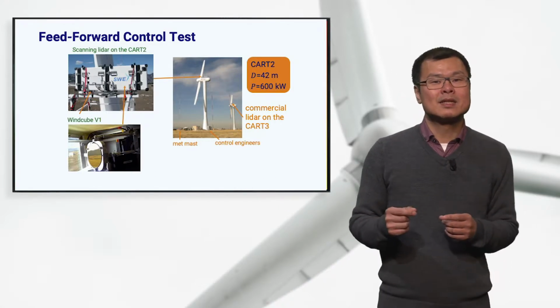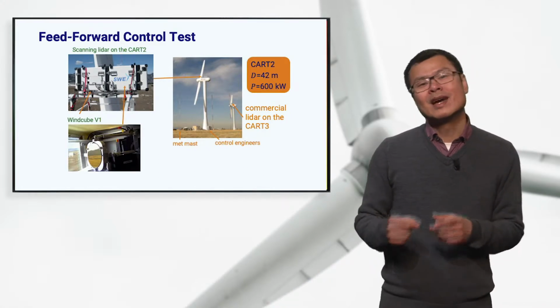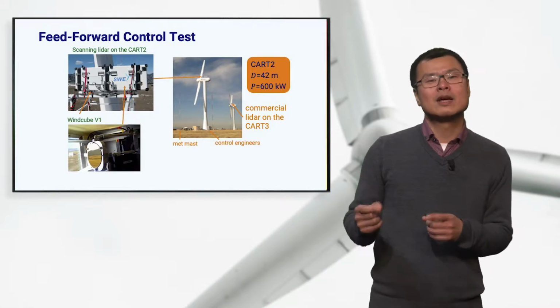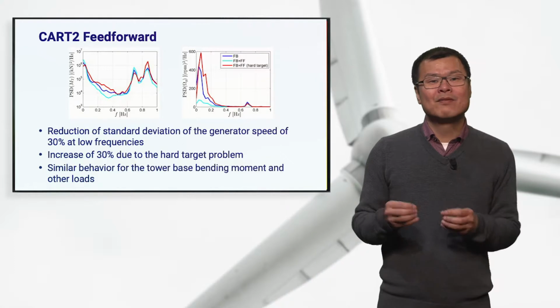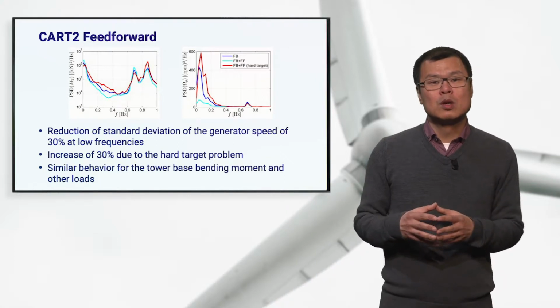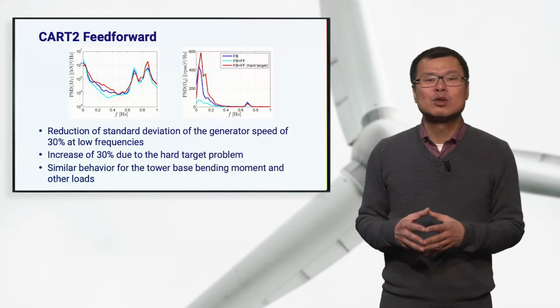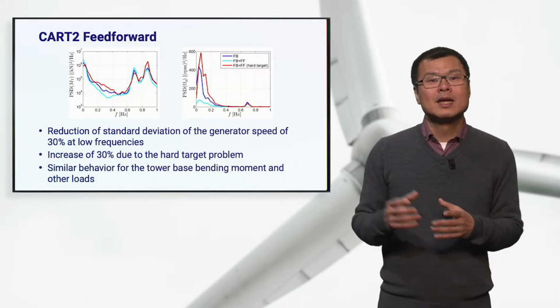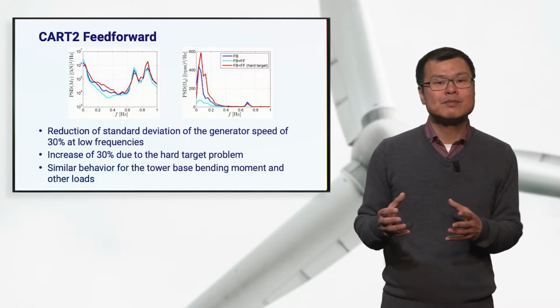It was tested on the CART2 and CART3 wind turbines using the SWE scanning LiDAR and a commercial LiDAR. We can see that the feed-forward control was able to reduce the rotor speed variation up to 30%. This will also reduce the loading on the blade and the tower.